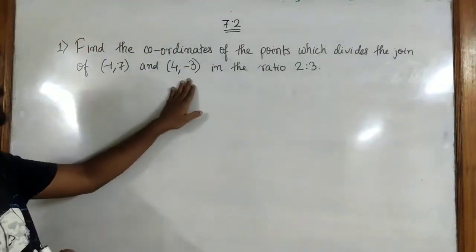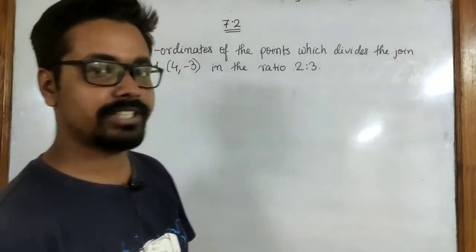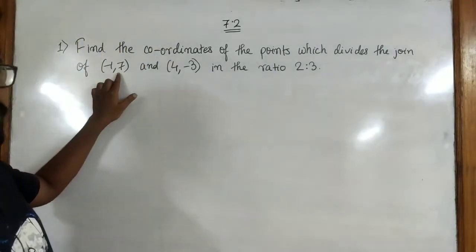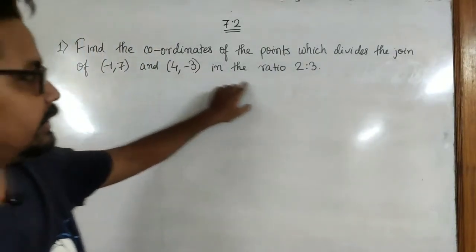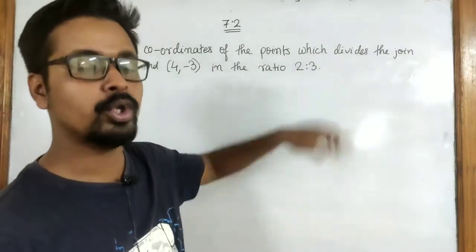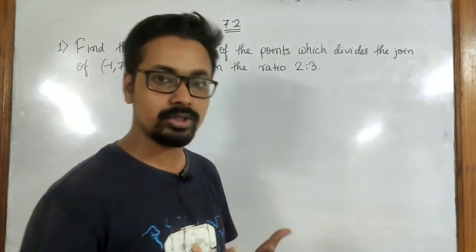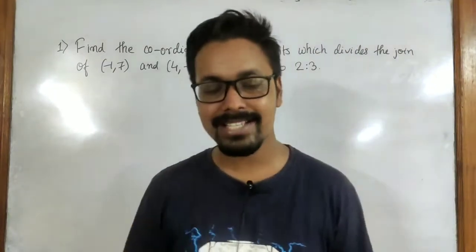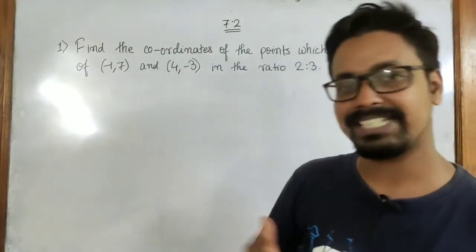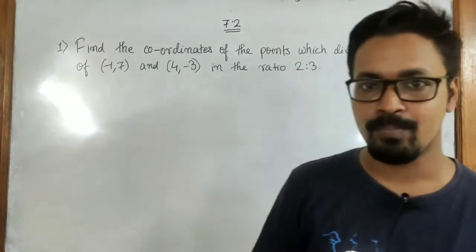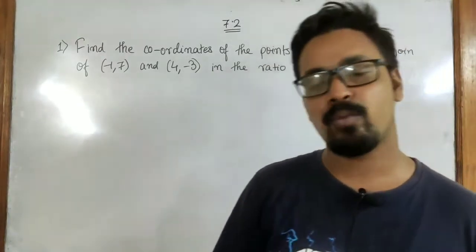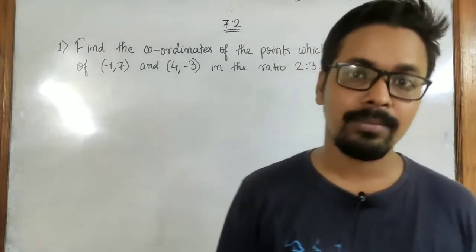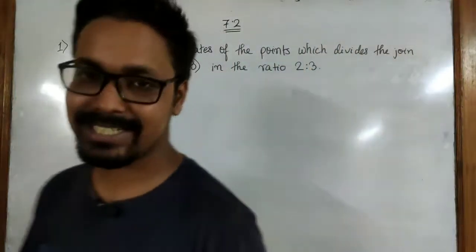So here we are given the 2 points and here is the ratio. That means we have to take this one as x1 y1, this one as x2 y2, and this one will be m1 and this one will be m2. So we know how to find the values of x and y using the section formula, which is x is equal to m1 x2 plus m2 x1 by m1 plus m2, and y will be equal to m1 y2 plus m2 y1 by m1 plus m2, and that is the formula.